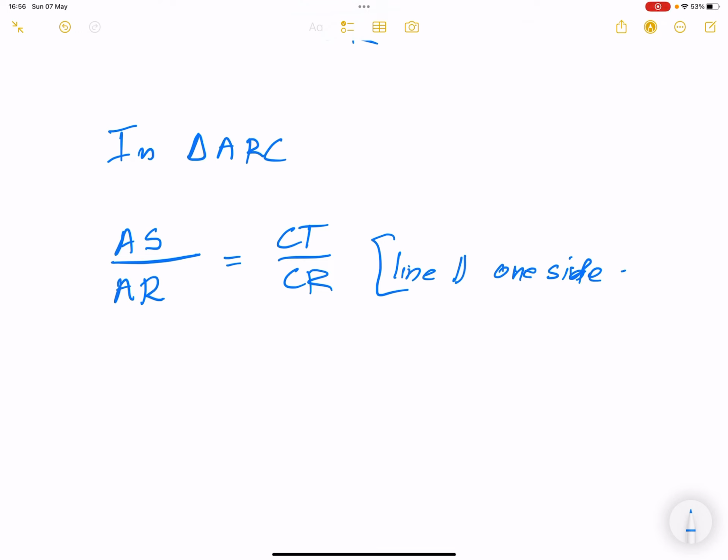Or you can simply say this is the proportionality theorem.